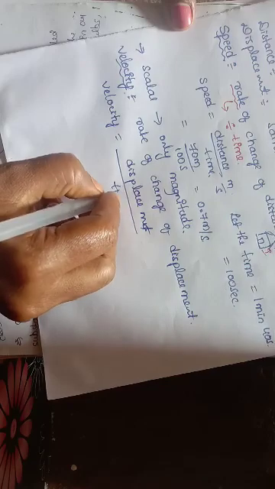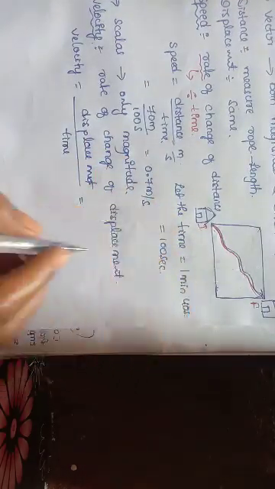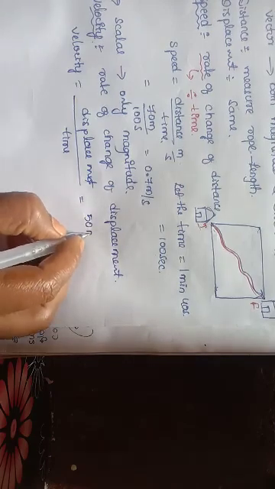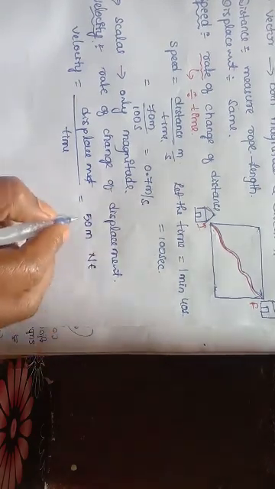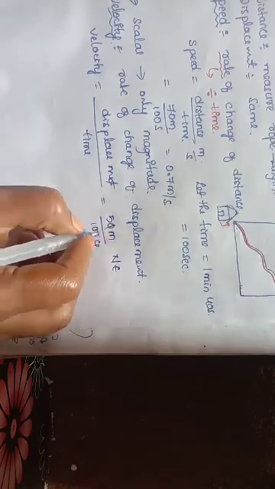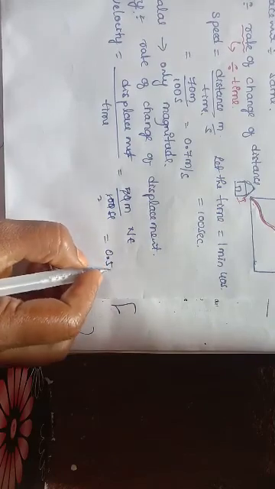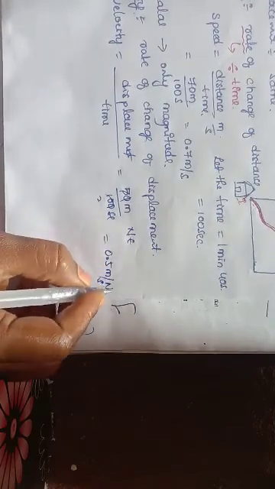Displacement means nothing but the shortest distance. We already found that, that is 50 meters northeast divided by the same time, 100 seconds. So here the zeros cancel, 5 twos are 10, that is equal to 0.5 meter per second northeast.